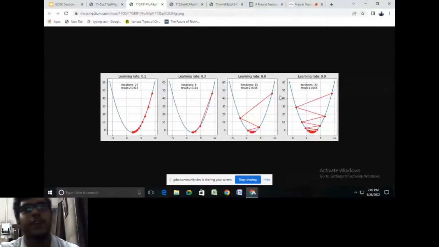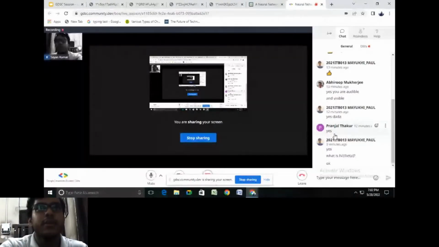It is very much close to 0. So we need not worry about the result. In the first case, the iterations we require are 24. In the second case, we require 8. In the third case, we require 15. And in the fourth case, we require 33.